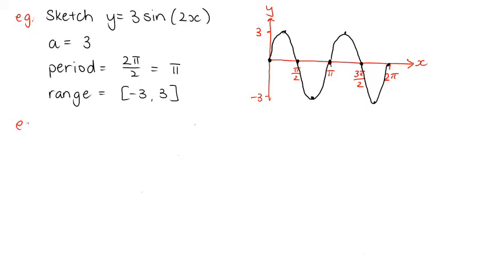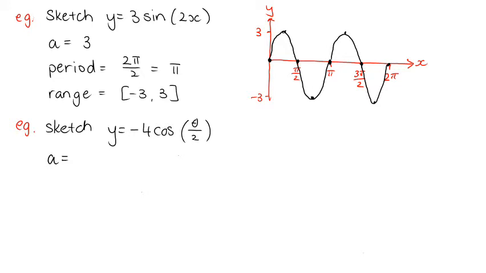Let's try another one. Sketch y equals -4 cosine theta on 2. Right.